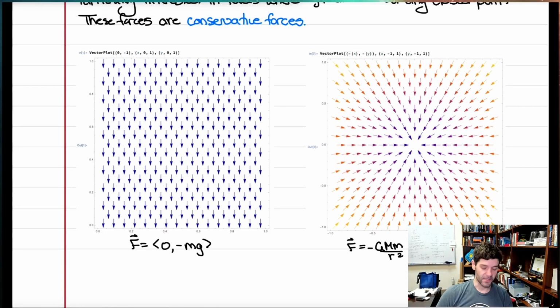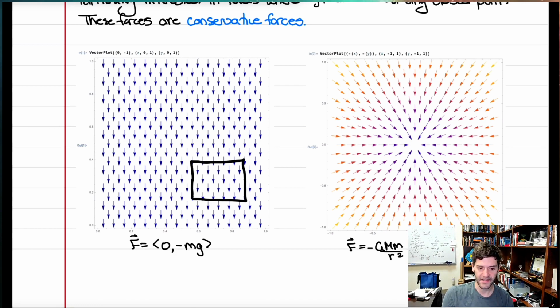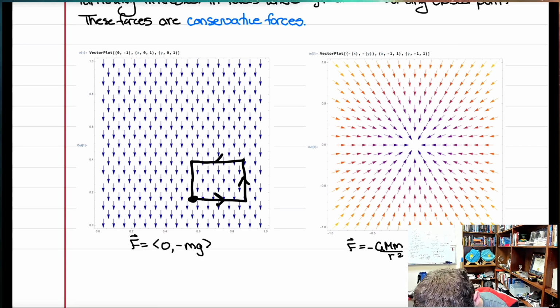And you can imagine some examples. In the case of uniform gravity, if I were to do a path that just kind of drew out a box, with x and y for the axes, I start here, I move horizontally right, then I move vertically up, then I move horizontally left, then I move vertically down.